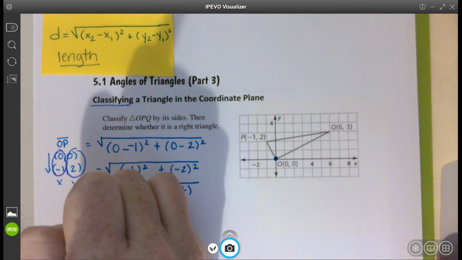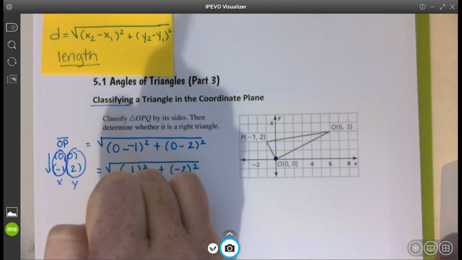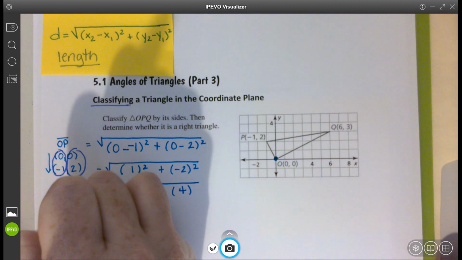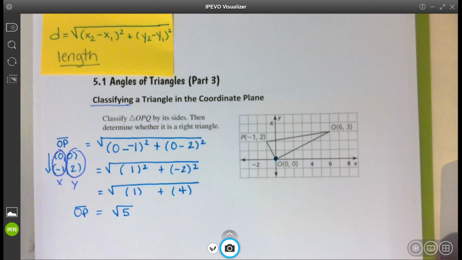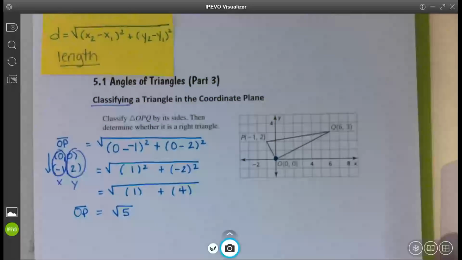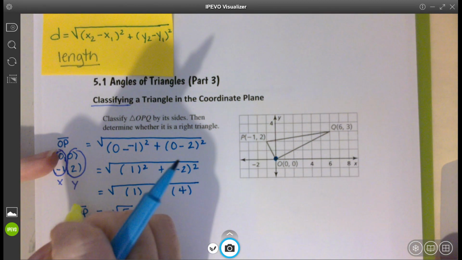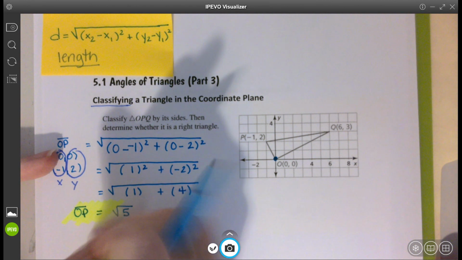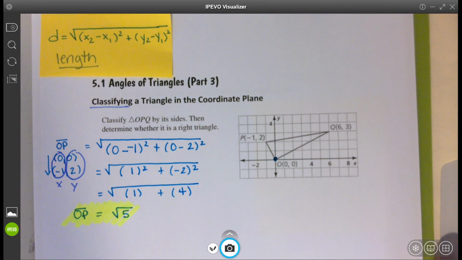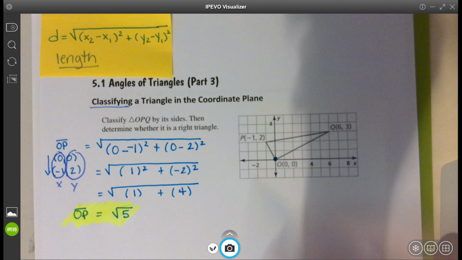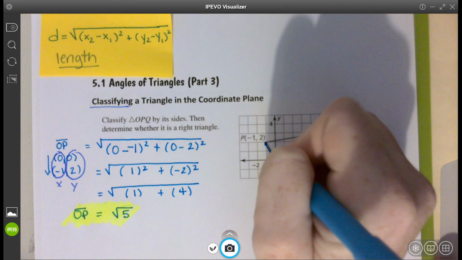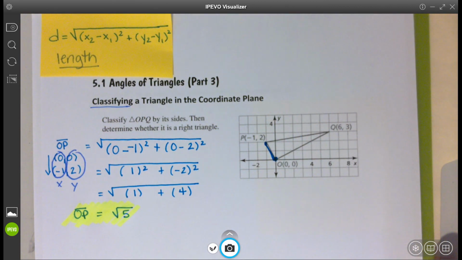Simplifying that one step further, I have the square root of 5. So OP is the square root of 5. I'm going to go ahead and highlight that or box it in. You're going to want to make sure you know your lengths for each one. So that's my first length. So we just worked from here to here. Again, I like to mark it off on my diagram so I remember what side I've completed.